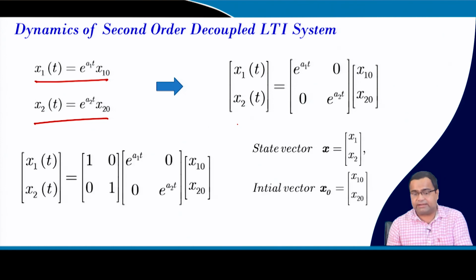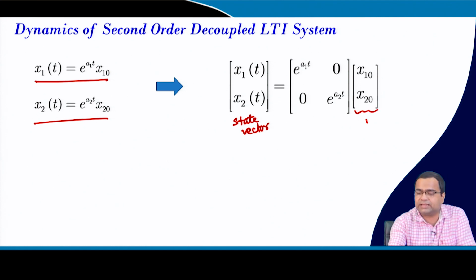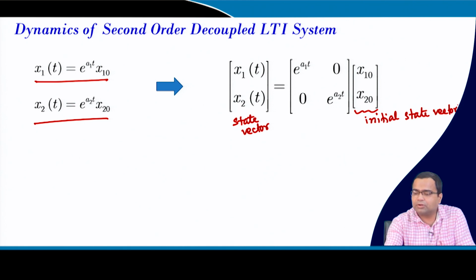So, this is like a state vector, and these are the initial state vectors, or simply the initial vector.